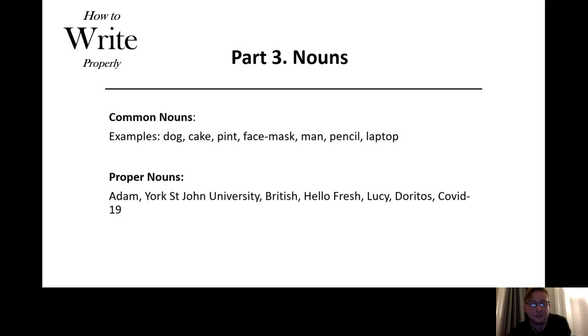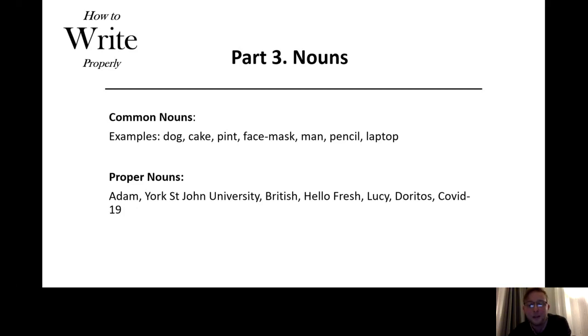Proper nouns, so some examples of proper nouns. Adam, as I've already said, that's my proper noun. York St. John University, that's the name of an organisation. British, so like your national identity, and indeed your nation, Britain. Or my nation, Britain. Great Britain, that's a proper noun as well. Hello Fresh, that's the name of a home delivery service, a company.